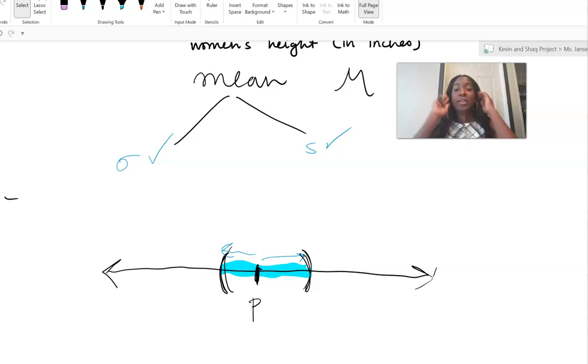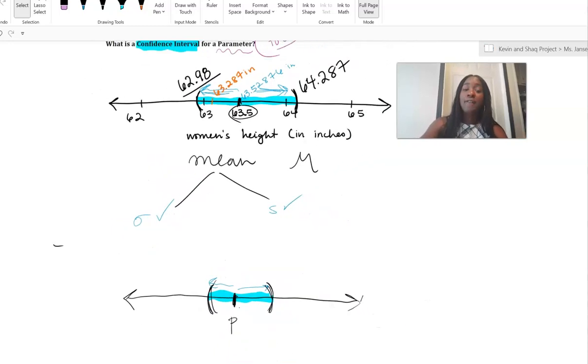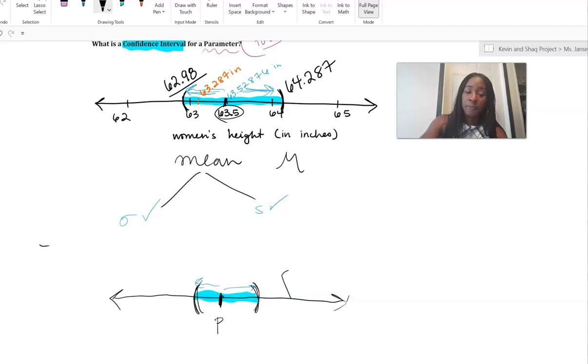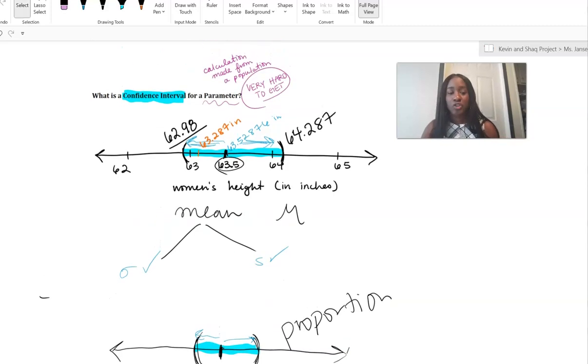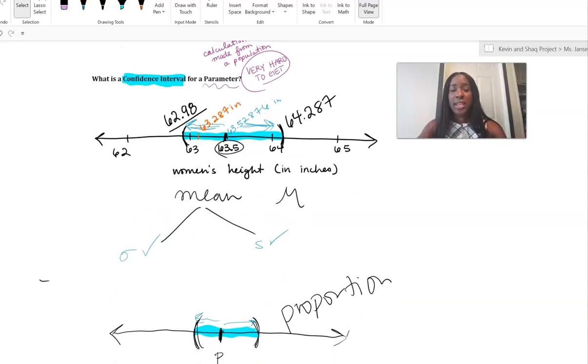Or different types of calculations that we can make. Because the formula will be different if we are doing a confidence interval for a proportion, percentage, same thing, versus if we are doing a confidence interval for a mean. So that is a quick introduction to what we will be doing. And now let's go learn.